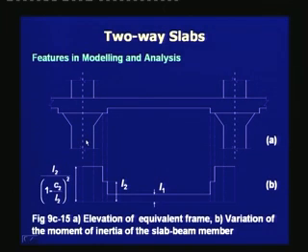The code says that in this region, from the face of the column capital to the center of the column, we can consider a flexural moment of inertia equal to I2 divided by (1 minus C2 by L2) whole square. Thus, for this particular case, we have three values of the moment of inertia for the slab beam member: I1, I2, and finally a value which is from the face of the column capital to the center line of the column.